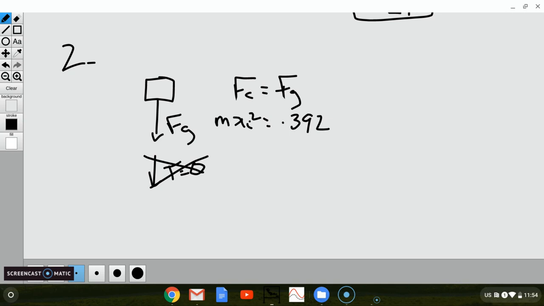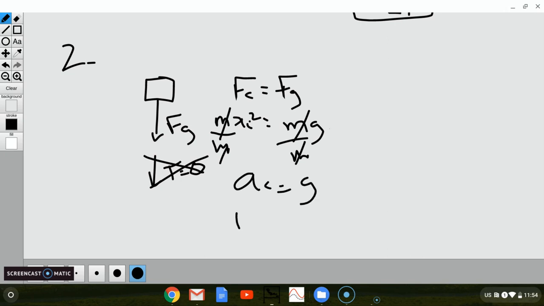And then you know that the centripetal force is equal to the mass times the centripetal acceleration. All right. And so I'm actually going to solve this all in variables. I'm going to erase this and say force of gravity is equal to mg. I'm going to divide by m and divide by m. So I get a_c is equal to g.